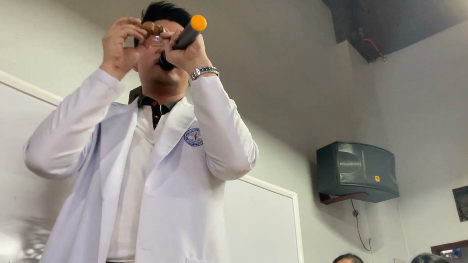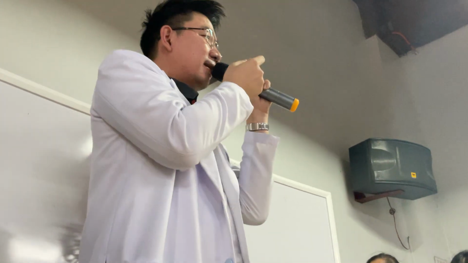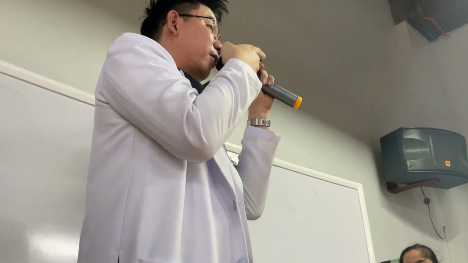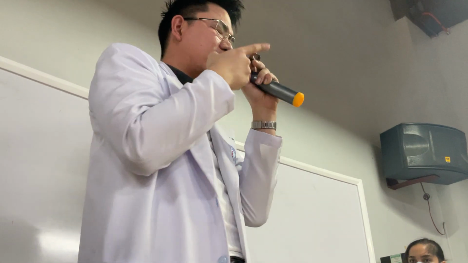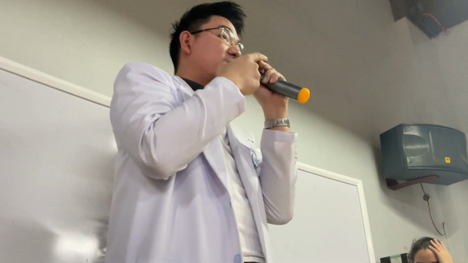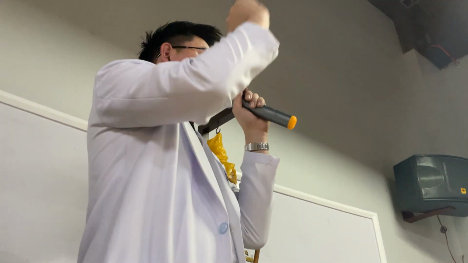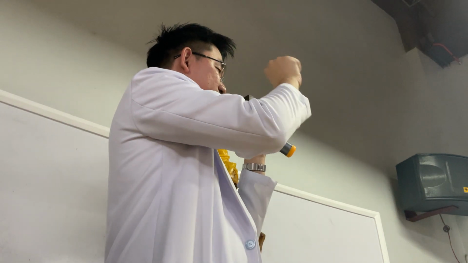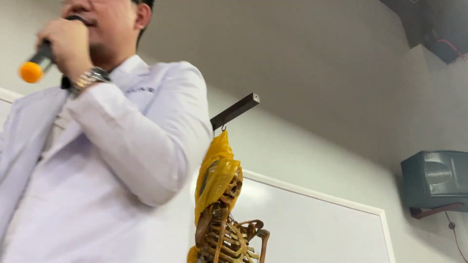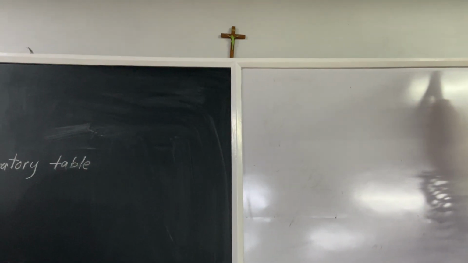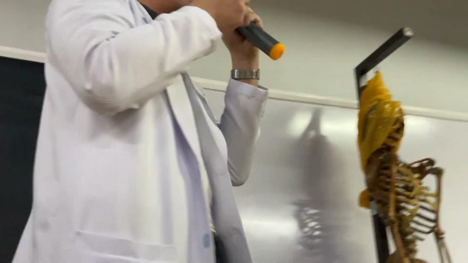So try to look for that bone: among all the bones that you have, a very smooth articular surface that articulates with the talus. This bone is known as the navicular. Where's that? Here. That's the navicular.